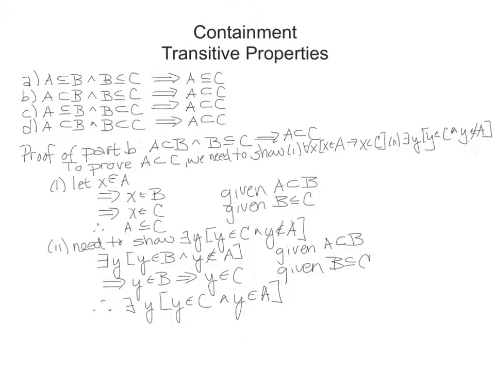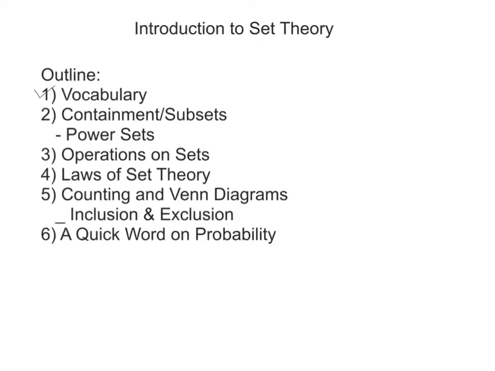We've shown both steps. We've shown that there's something in C that's not in A, as well as showing that everything in A is also in C. So we've just finished containment and subsets, so now we can talk about power sets.